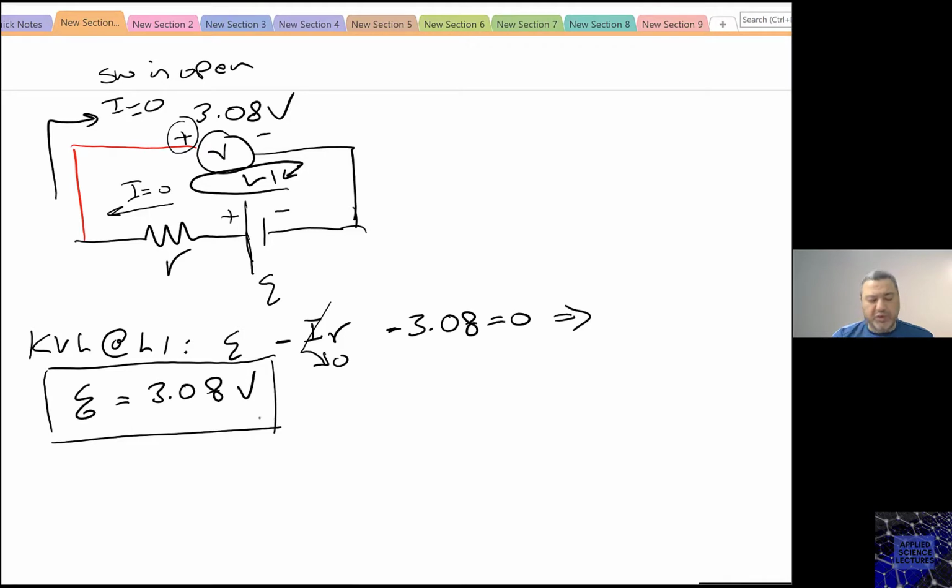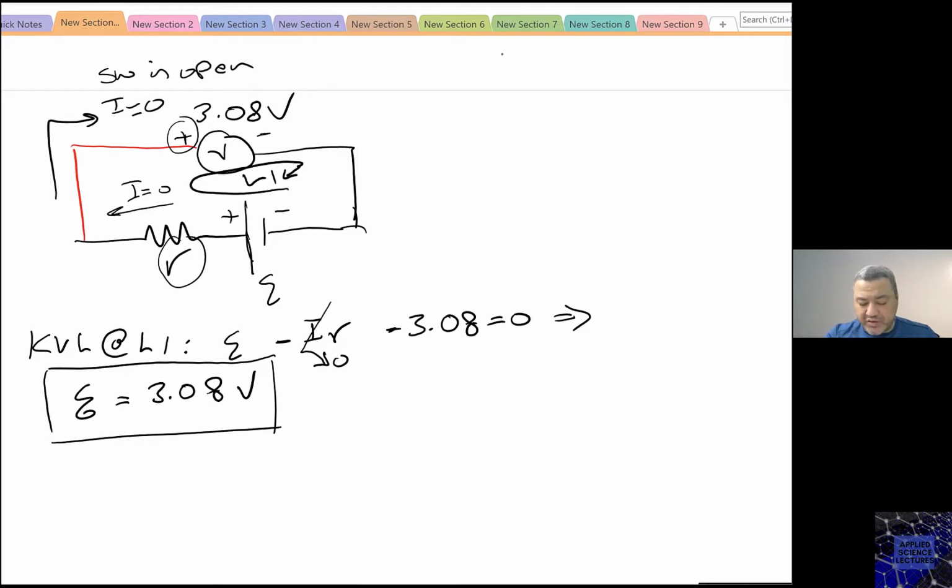So when the switch was open, I managed to calculate the electromotive force because there is no current going into this small letter resistance, which means all the voltage on the voltmeter is basically the voltage across the battery coming from the battery.